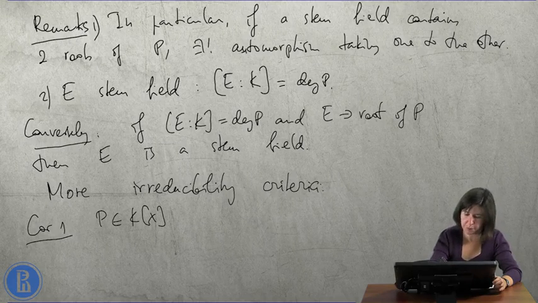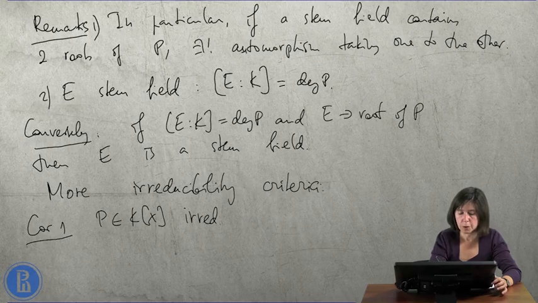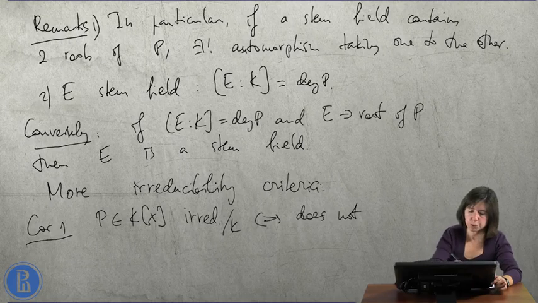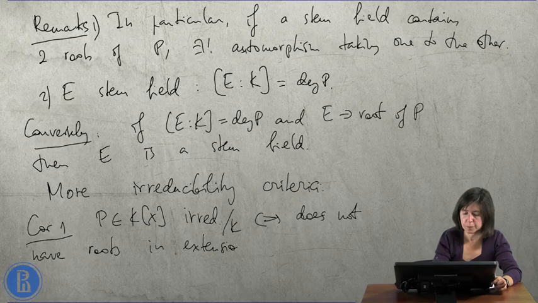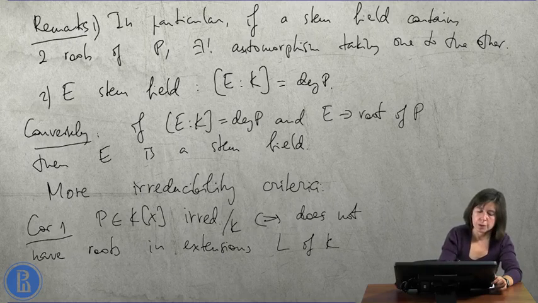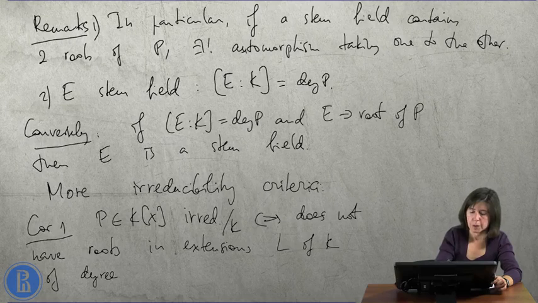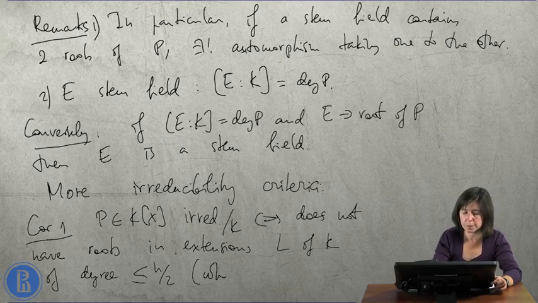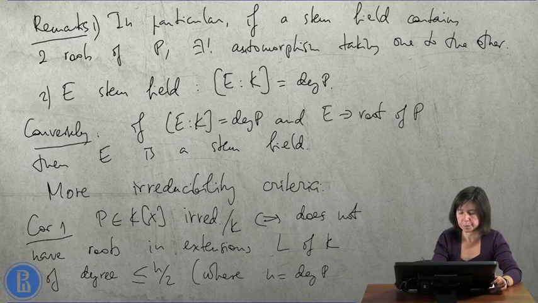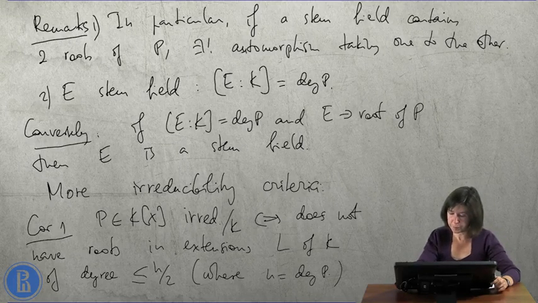P is irreducible over K if and only if it does not have roots in extensions L of K of degree less or equal than n over 2, where n is the degree of P. Well, how to prove such a thing? It's very easy. Well, proof.